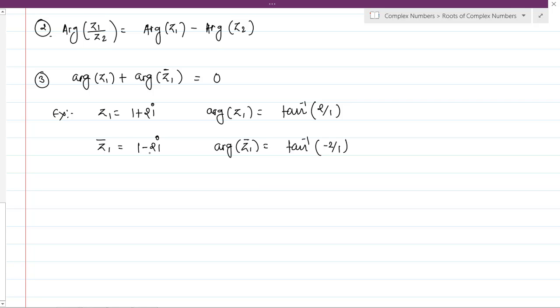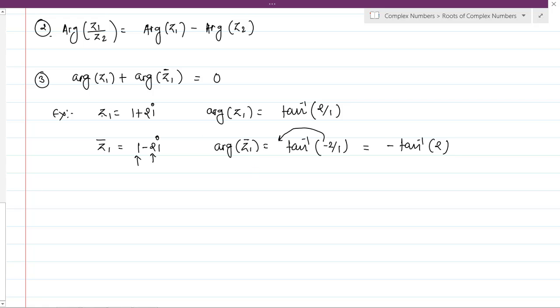It is always b by a. Remember, it is always b by a. See, this is b and this is a. Okay, and I have already told you that tan inverse of minus theta is always minus tan inverse of theta.